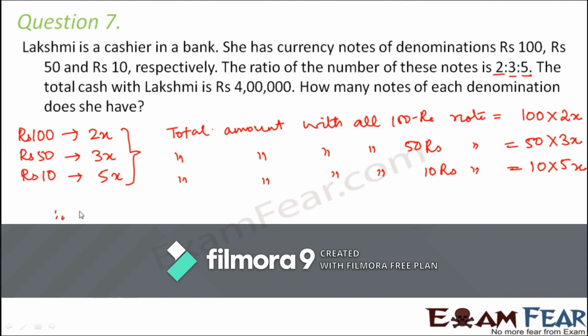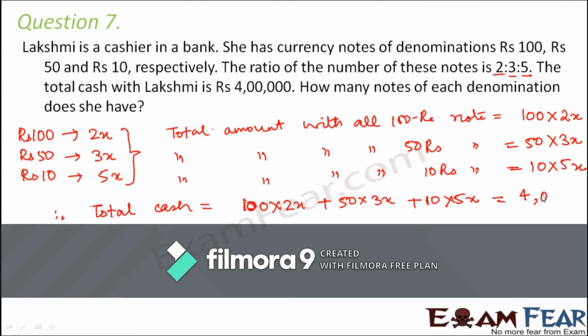Therefore, what would be the total cash? So the total cash should be 100 into 2x plus 50 into 3x plus 10 into 5x. So this should be the total cash. But as per question, this cash is equal to 4 lakhs. So this is our linear equation. So let us try to solve this.